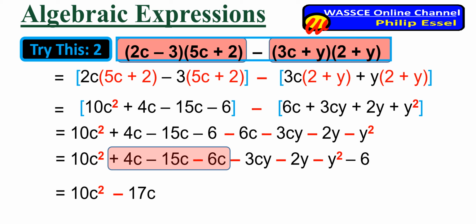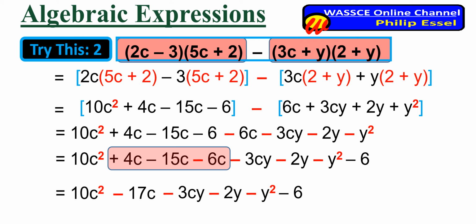So let's write our 10c squared, the first term. We would write the remaining terms down, and these are negative 3cy, negative 2y, negative y squared, negative 6.